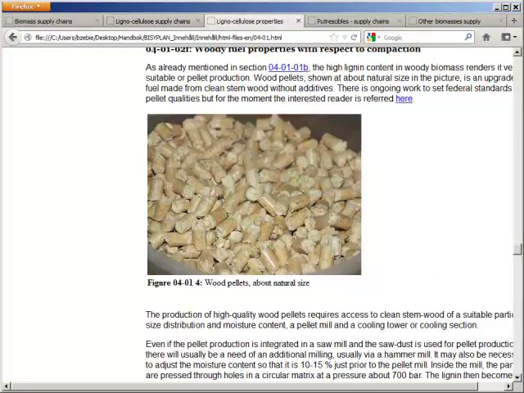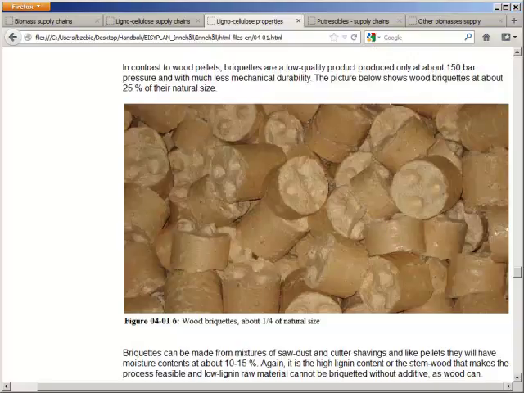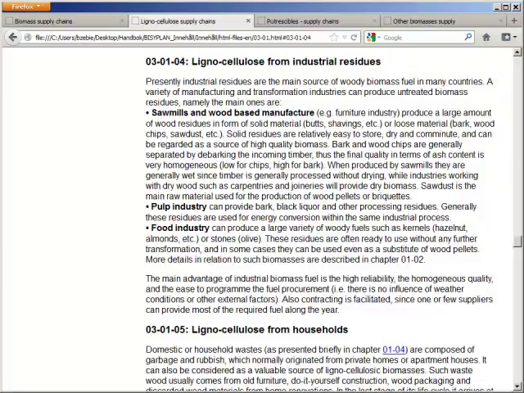Both products, pellets as shown in this picture and briquettes as shown in this picture, will have reasonably uniform shape, but they will also have a reasonably uniform density, moisture content and composition, because they will usually be produced using industrial residues. The uniformity will make such upgraded fuels most suitable for small-scale applications, such as small heating systems with a thermal power less than approximately 1 megawatt.